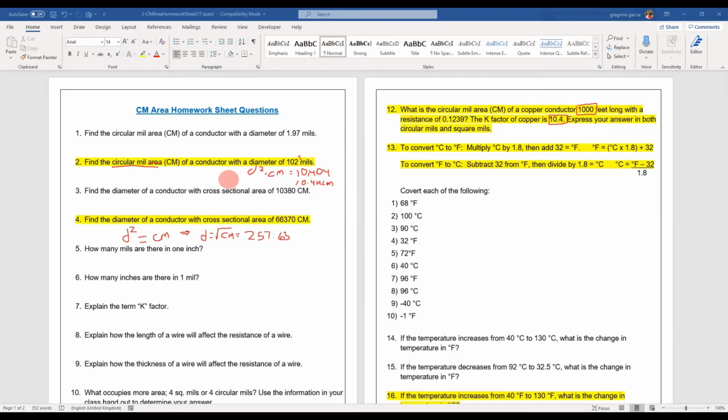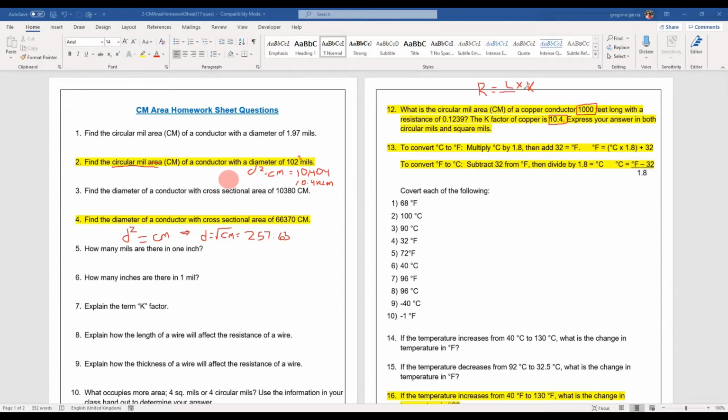So let's keep moving then. It says here that we have to express the answers in circular mils and square mils. So now let's write a formula. I told you before that the resistance is going to increase if the length increases, and it also depends on the type of material.